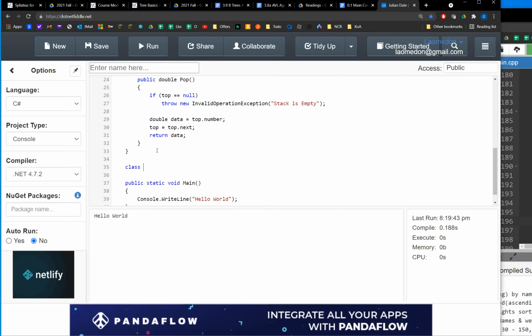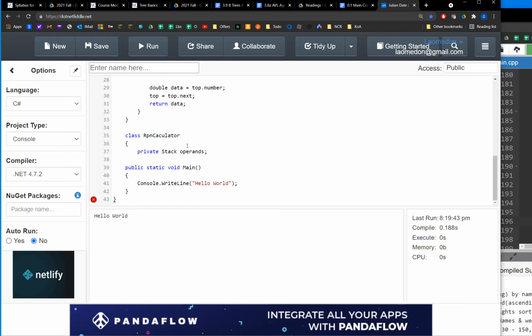And moving on to our calculator. Since all we want to hold on our stack is operands, I'm just going to label it and go ahead and calculate based on the expression, all this good stuff.